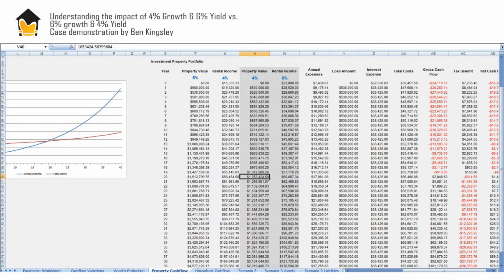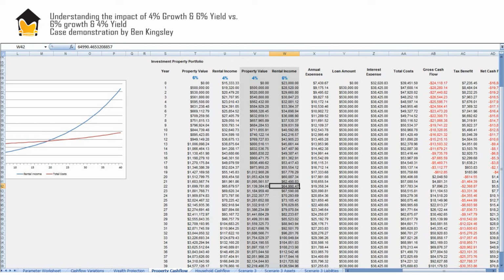You can also see over time here that as the value of the property grows, there's propensity to charge higher rent on the higher value property. And you can start to see, just on year 21, the actual year 22, that the rent being generated from that growth property is outstripping the rent being generated from that higher yielding property.